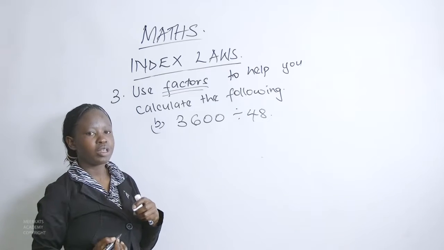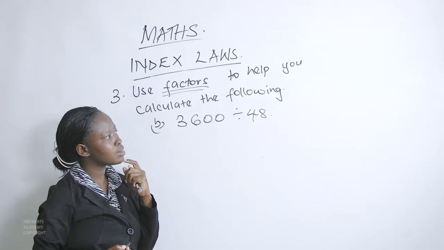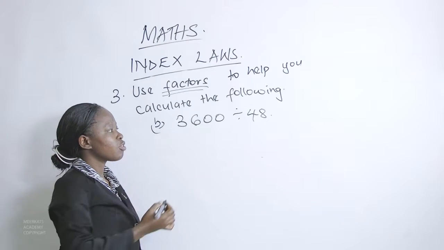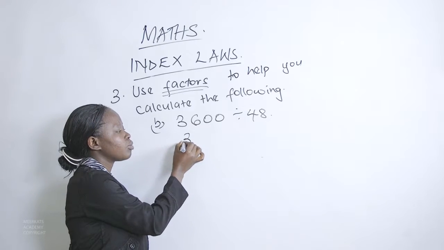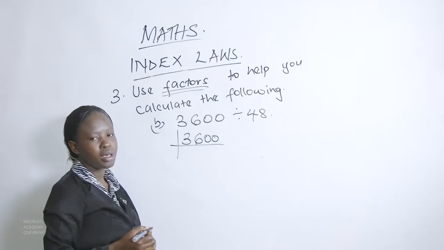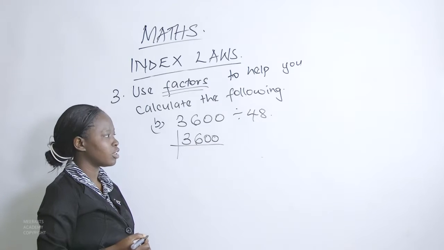Another sum that we need to simplify using the factors is 3,600 divided by 48. So we want to use the factors, so that means I find out which are these factors that are making up 3,600 and get the factors that are making up 48.